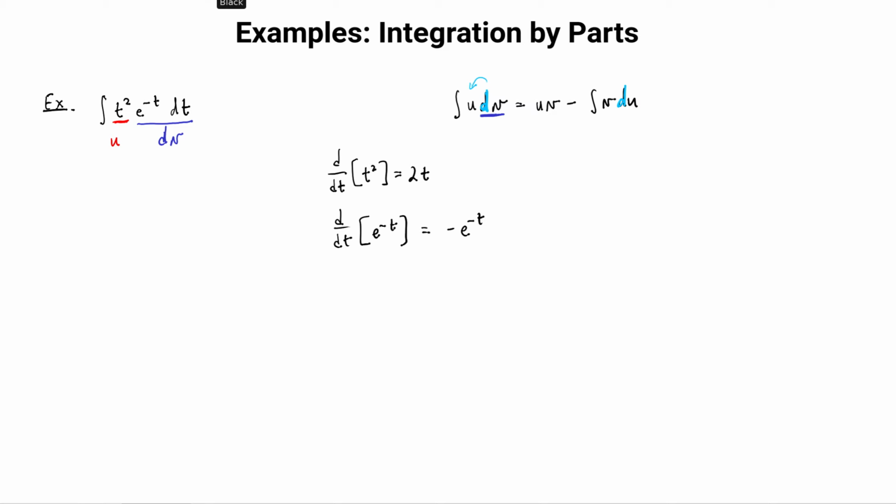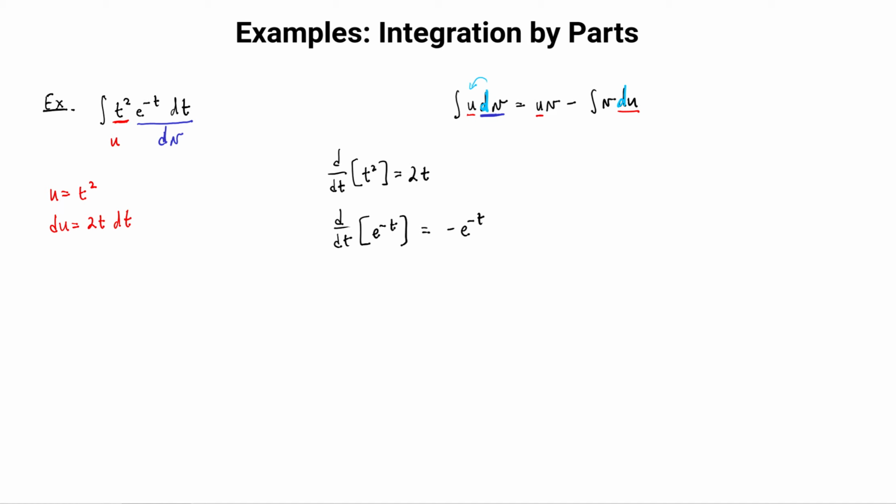All right, let's apply the formula to this. If our u is t squared, then in our formula we're going to need to know du. That's part of the formula over here. So if this is u, this is du. Well, the derivative we just said is 2t, so the differential is 2t dt.